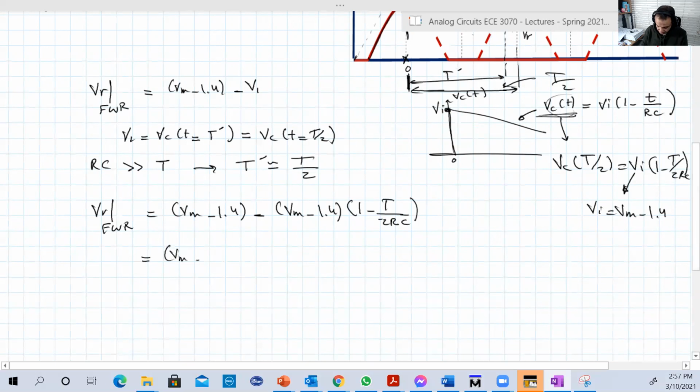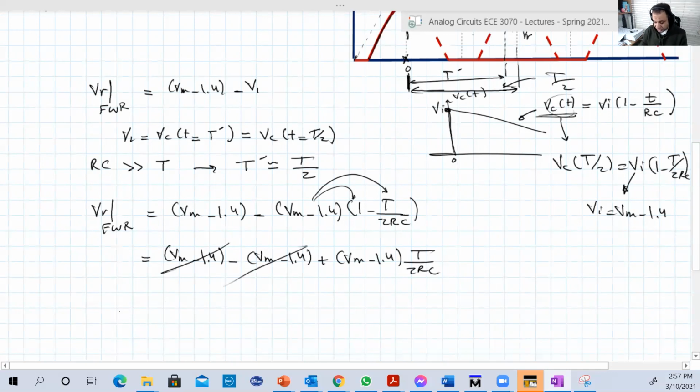So Vm minus 1.4 minus Vm minus 1.4, I can just distribute the parentheses here, plus Vm minus 1.4 times T over 2RC. This will cancel with this.